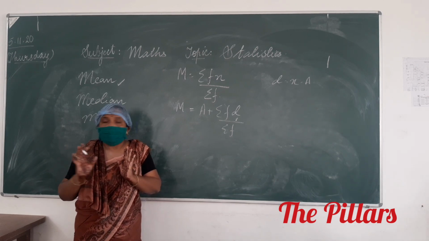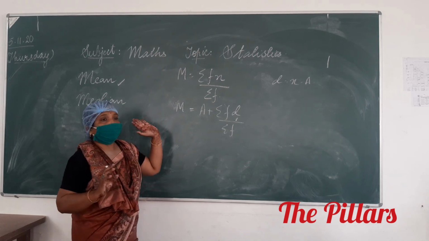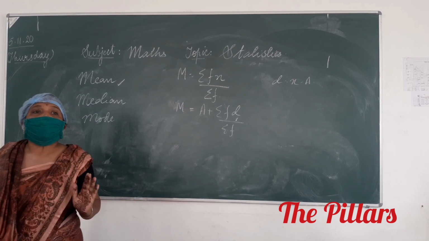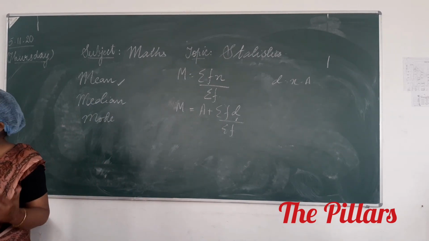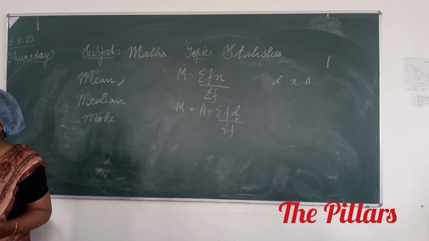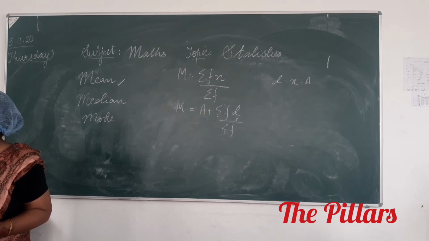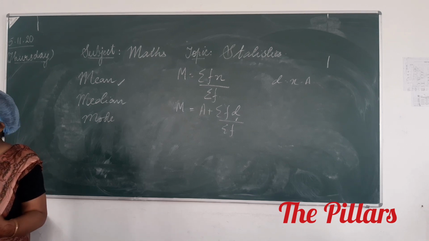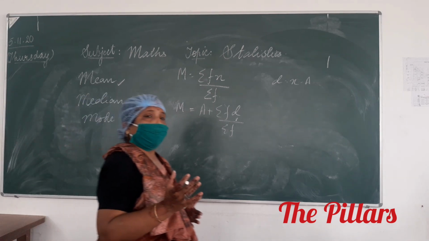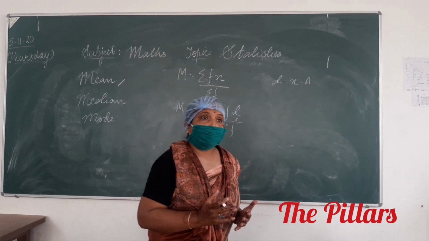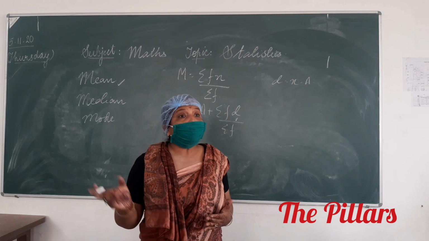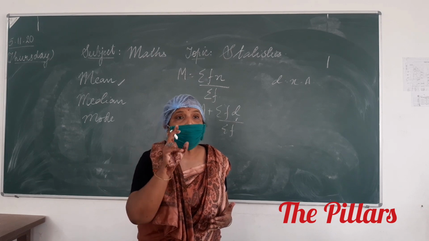Clear to everyone? So this was all about mean. Before, in my earlier classes also, I told you that there are two types of class interval, exclusive and inclusive. What are exclusive class intervals? Where the upper limit is repeated and is not included in a particular interval.